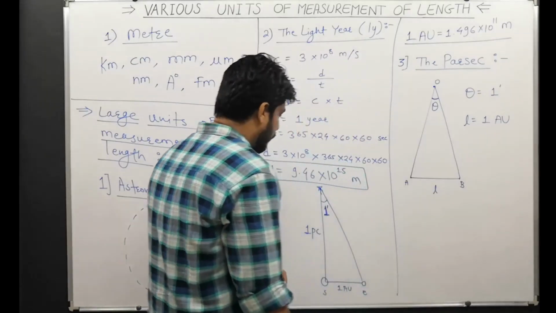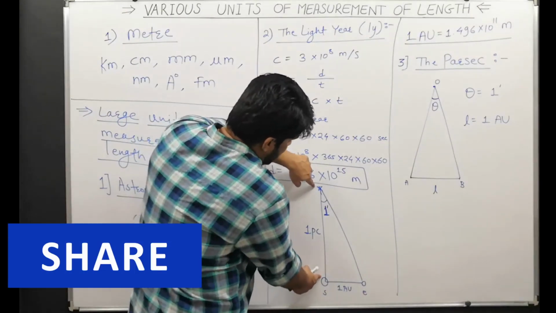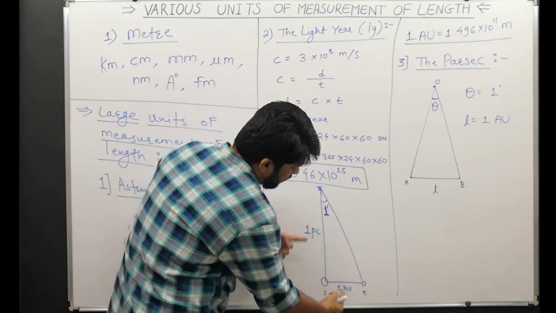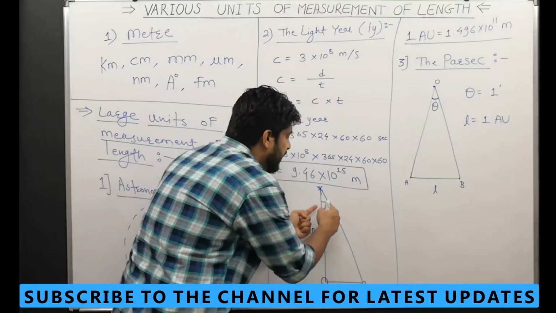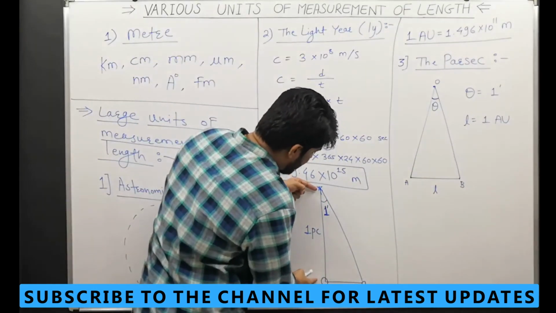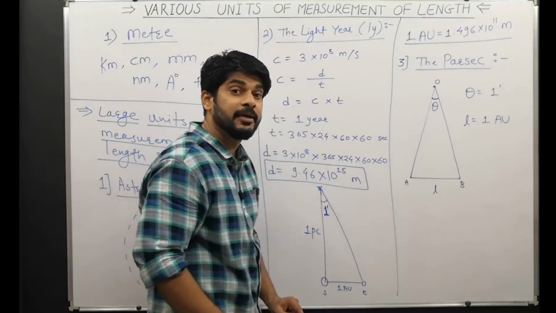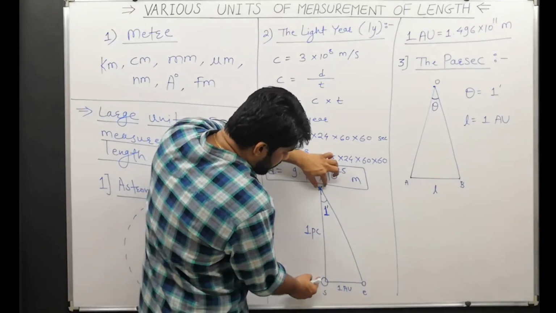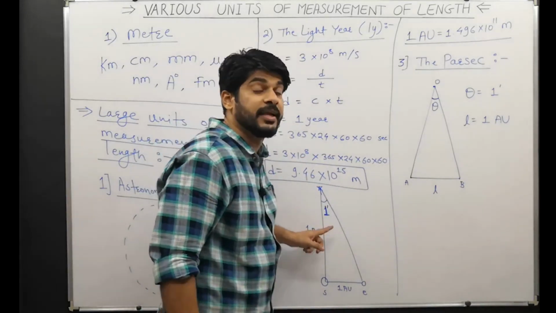1 parsec is a distance from which 1 astronomical unit subtends an angle of exactly 1 second. You can see here this is a distance, and from this distance this 1 astronomical unit subtends an angle of 1 second only.